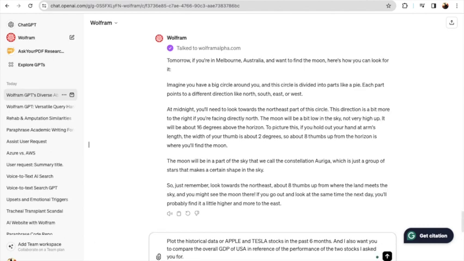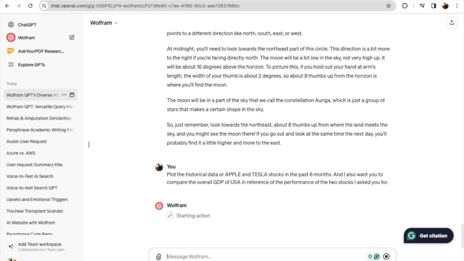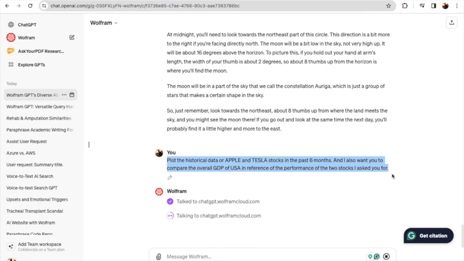Let's just assume that I'm trying to find a correlation with the performance of Apple and Tesla and see if that has some kind of an impact on GDP. I don't really know, but this is the question which I asked. Maybe that's one way of how you could infer it. I'm just trying to give it a complex task and see whether it can do a pretty good job. So it's accessing Wolfram Cloud for all the important data.